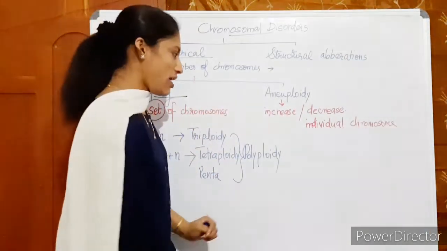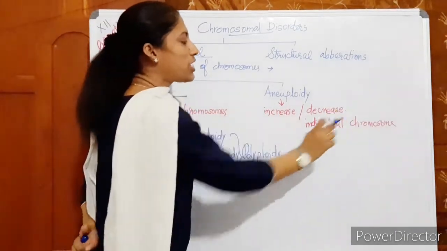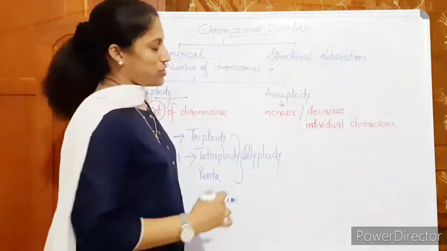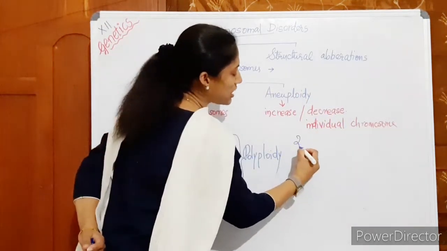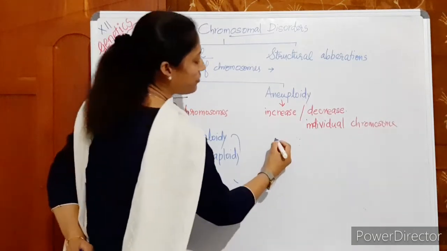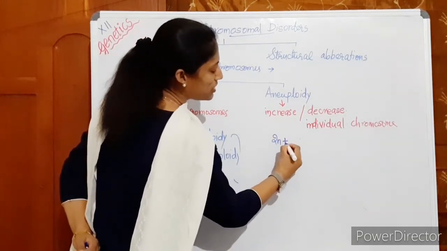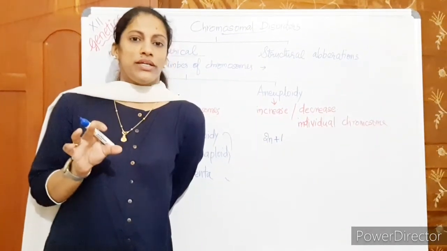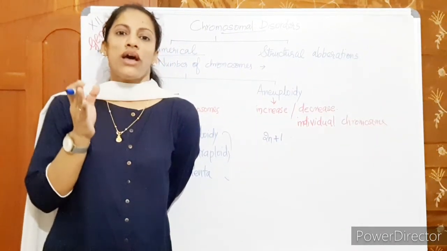The second case, aneuploidy. Increase or decrease in chromosome number as individual chromosomes. Listen here. The first case, 2n plus 1. I mean to the diploid set, one chromosome is added.